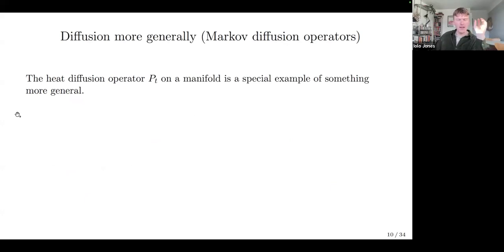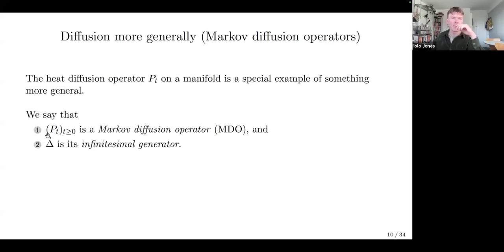So to talk about why that's a bit more general, why it is that we can use this to generalize beyond manifolds, we can think about the heat diffusion operator PT on a manifold as a special case of something more general, which is a Markov diffusion operator. So we call PT an MDO, Markov diffusion operator.